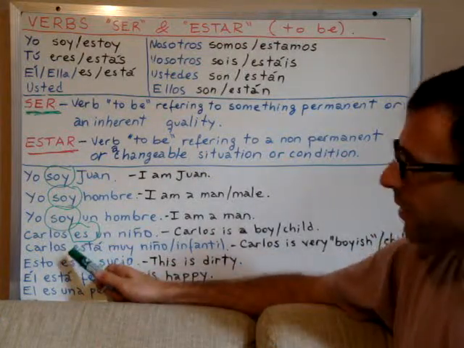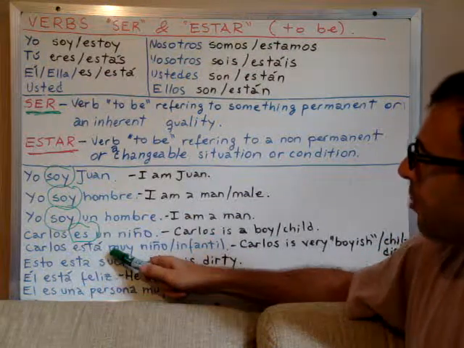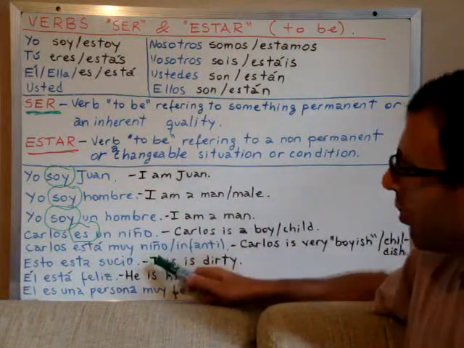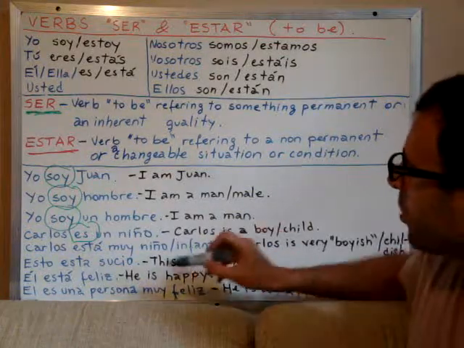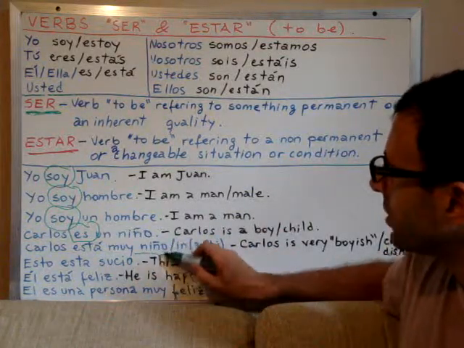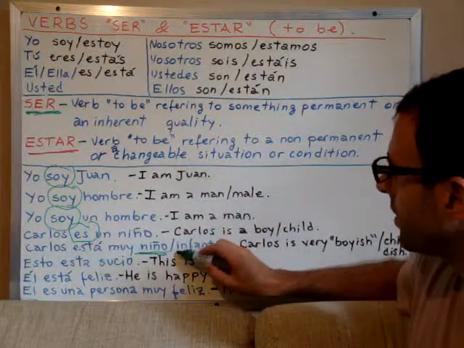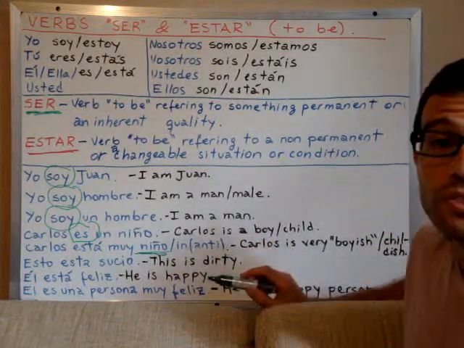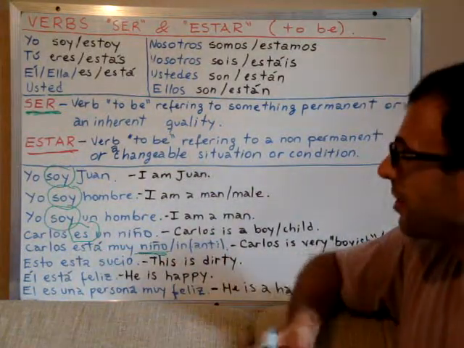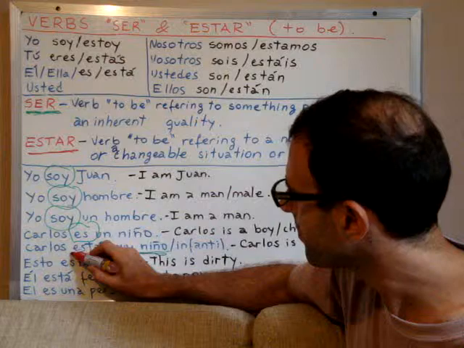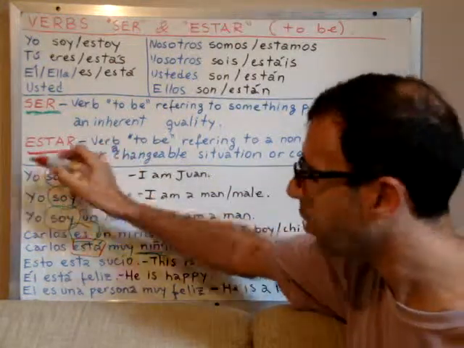Now, however, look at this. Carlos está muy niño or está muy infantil, right? Here we are using the word niño in the sense of childish, like infantil. Infantil means childish. So we use this time the verb estar. Why?